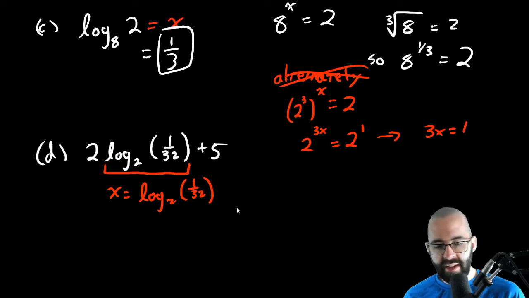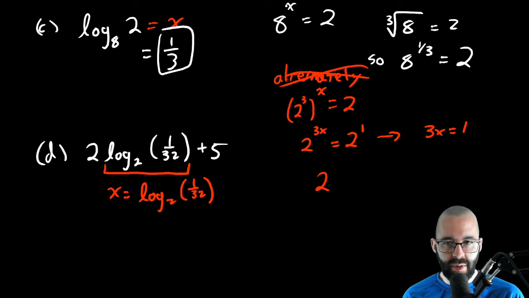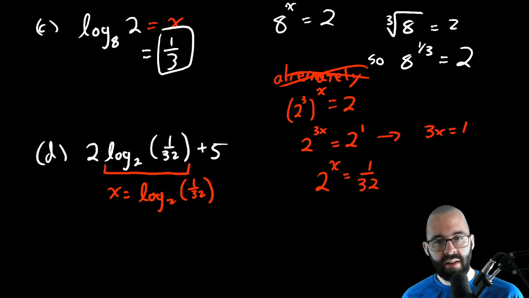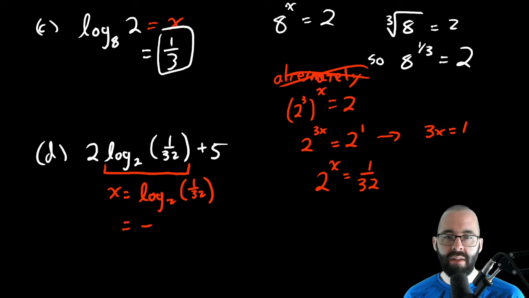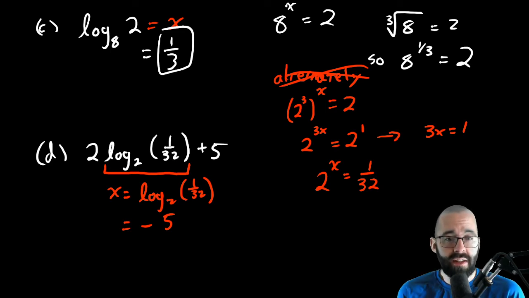So on this red thing, the base of the logarithm is the base of the exponent. The input becomes the output and vice versa. And again, we got that fractional, so we know x is going to have to be a negative number. Turns out it's -5.